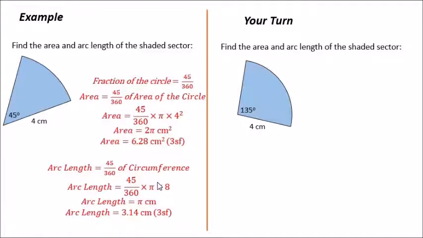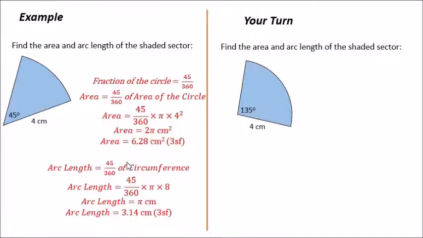Now the circumference is pi multiplied by the diameter. The radius of this sector was 4 centimetres, therefore the diameter, which would be from one side of the circle to the other side of the circle, not to the centre of the circle, would be double that radius, so it would be 8.